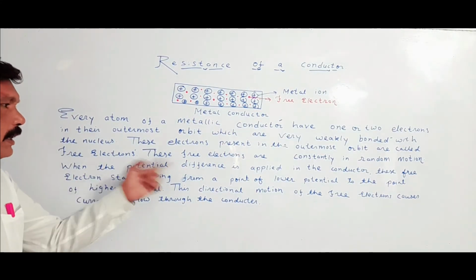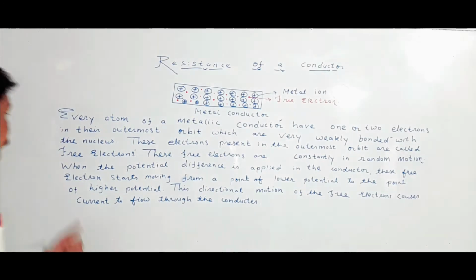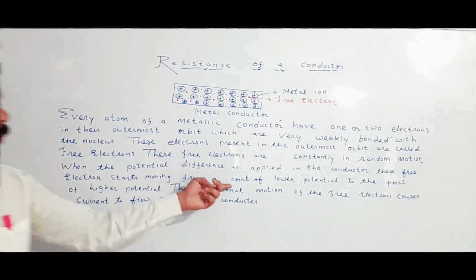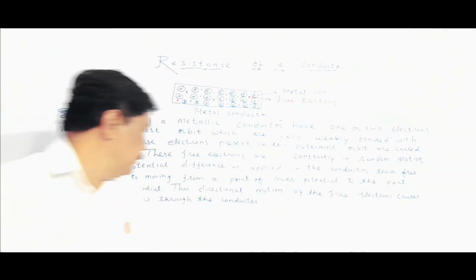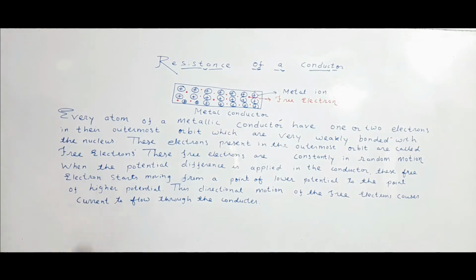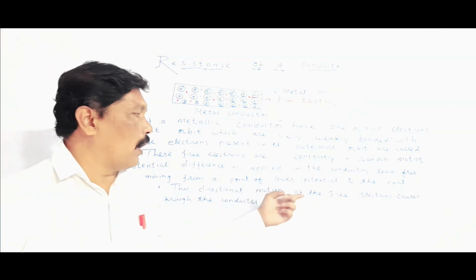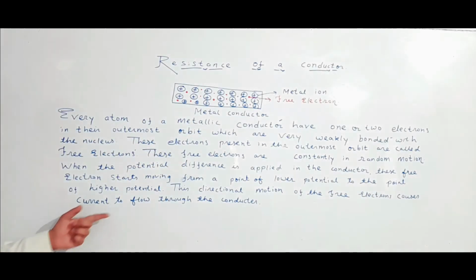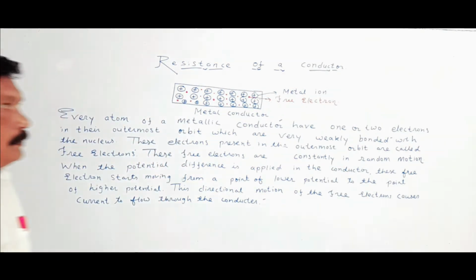When the potential difference is applied in the conductor, these free electrons start moving from a point of lower potential to the point of higher potential. This directional motion of the free electrons causes current to flow through the conductor.